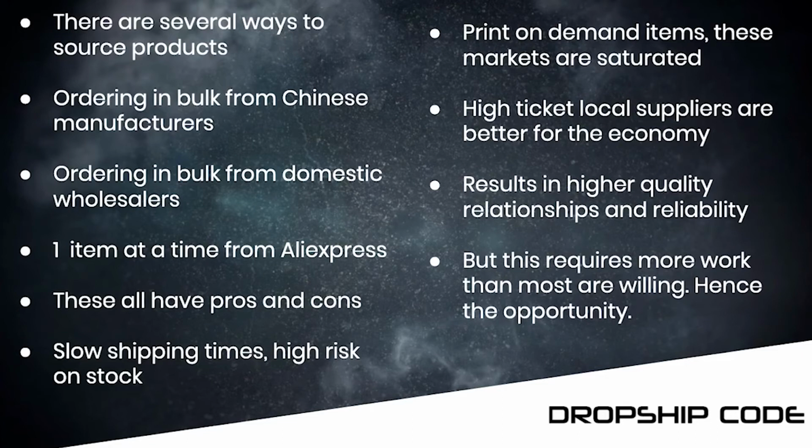You could be selling a product and you don't know whether they've actually got that product in stock or not. And also the high risk on stock applies to you putting up, let's say, $1,000 or $2,000 or $5,000 for a load of stock that you don't know whether you're going to be able to sell or not. So that's why this method of dropshipping in the dropship code works really well.